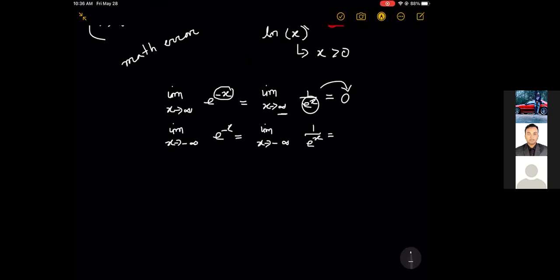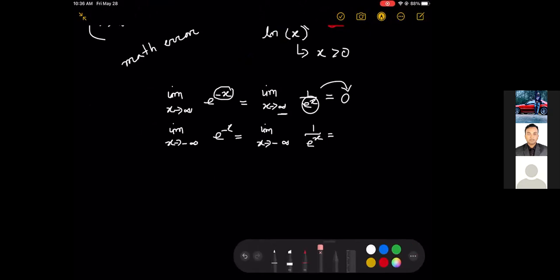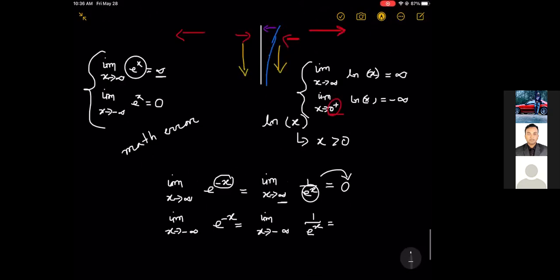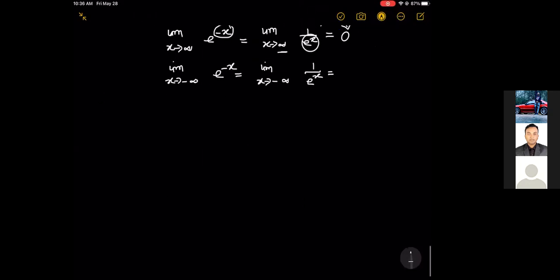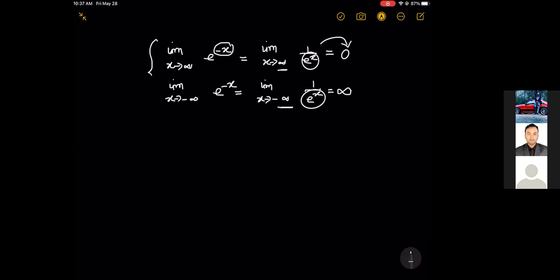So now we know e to the x tends to 0 when x tends to negative infinity. That means this guy tends to 0 when x tends to negative infinity. Then what will it give us for 1 over 0? Anything over 0, you can write infinity, right? So you can see we can use those to solve it pretty easily.